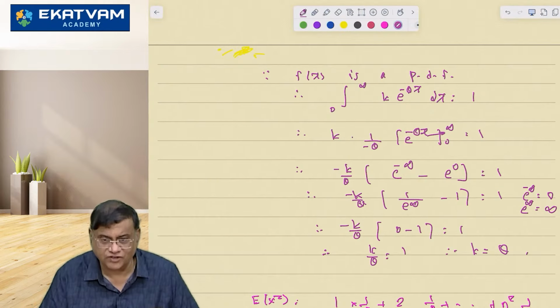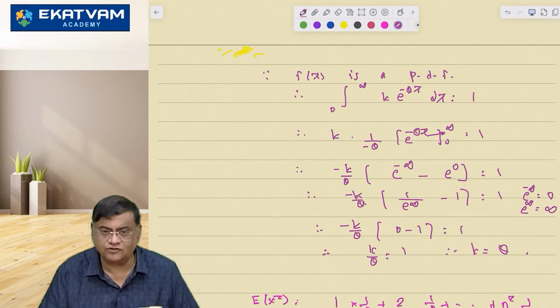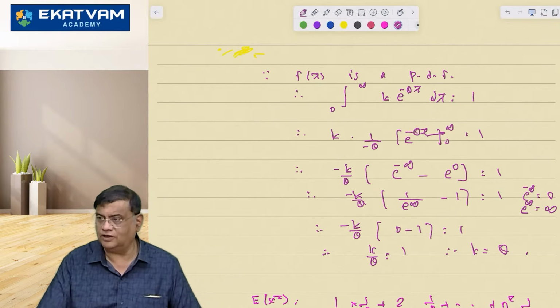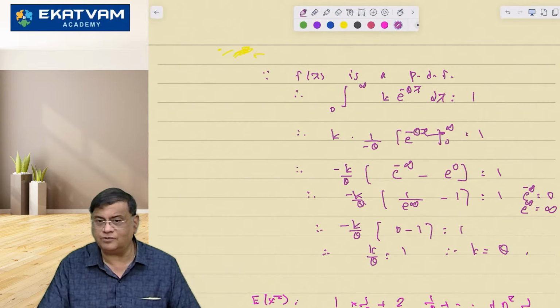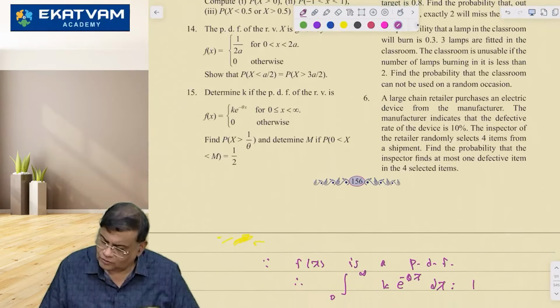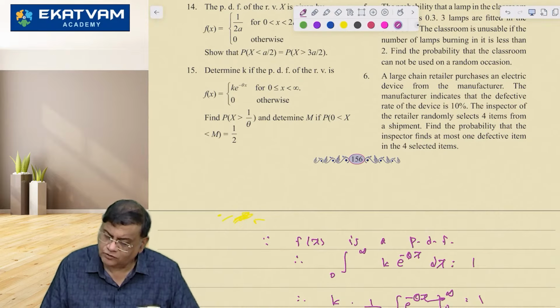It was a good question. Remember, e raised to 0 is 1. Anything raised to 0 is 1. And e raised to infinity is infinity. So e raised to minus infinity will be 1 upon e raised to infinity, which is 1 upon infinity, which is 0. So I got theta. The value of k came out as theta.